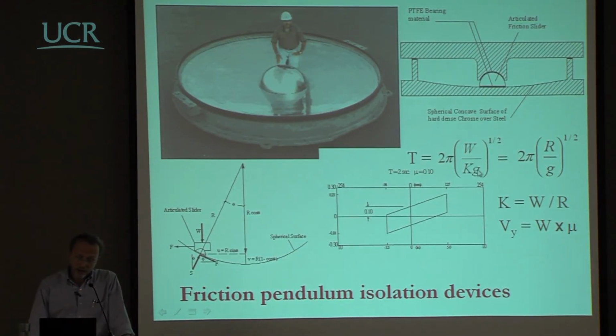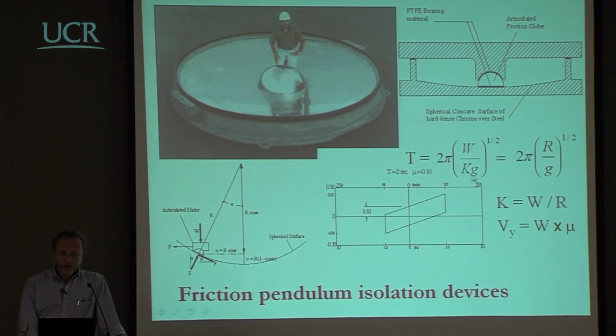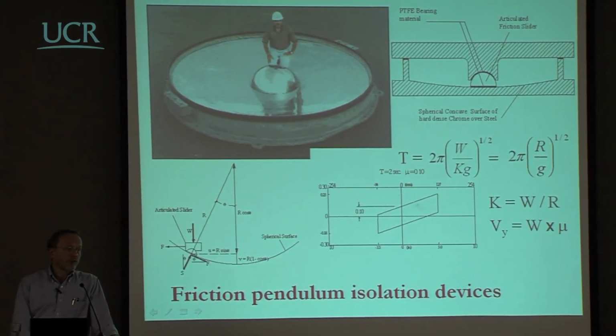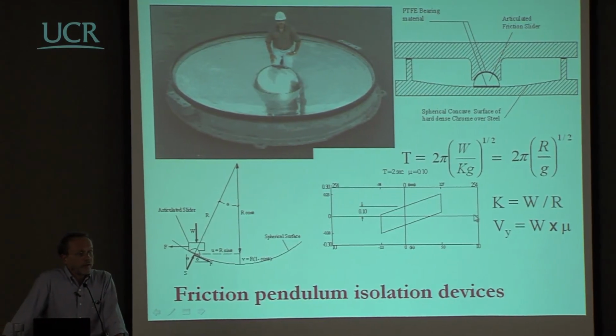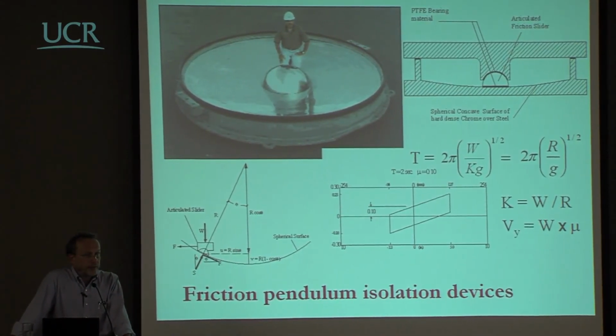But since you also know that the period of vibration is the square root of the mass divided by the stiffness, you can immediately find out all the variables that you need to go ahead with the design.